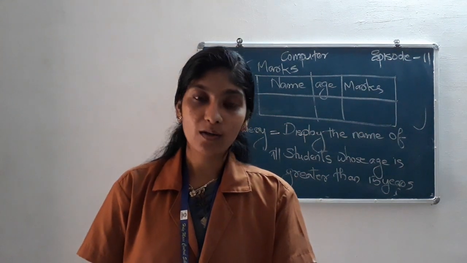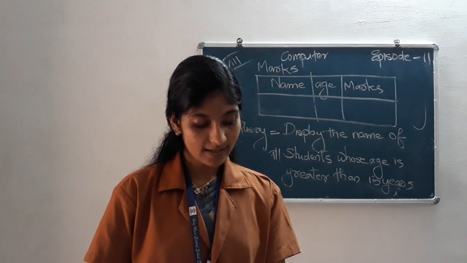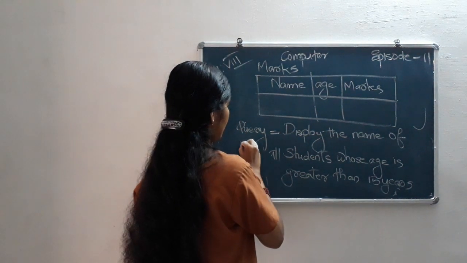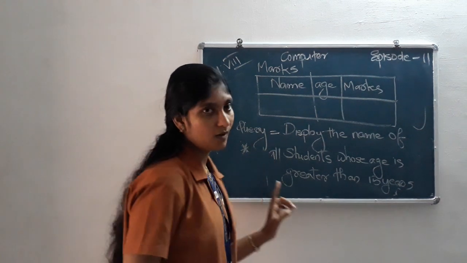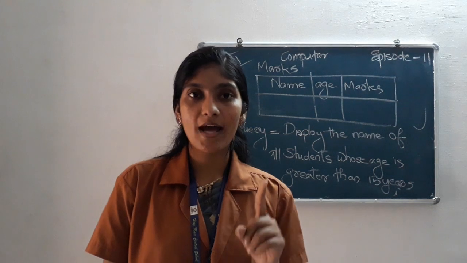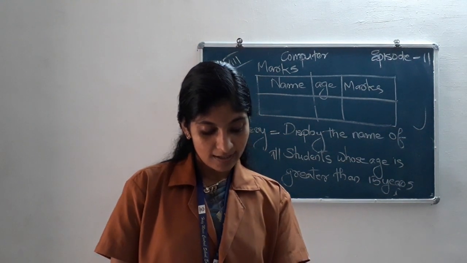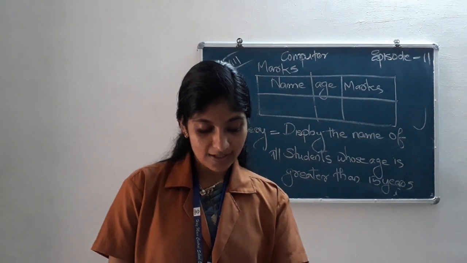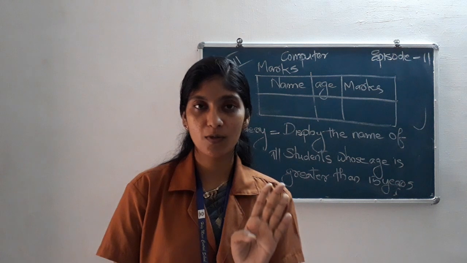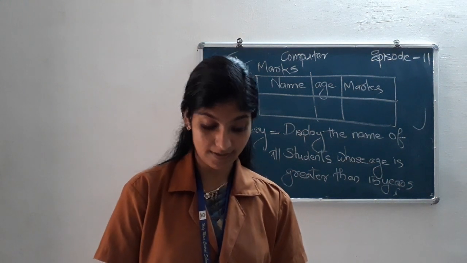If you want to add all the fields, just double click on the star symbol or asterisk symbol, and you can add all the fields in the table. If you want to add selective fields from the table, in the query grid, from the field drop down list, select your appropriate field from the table.